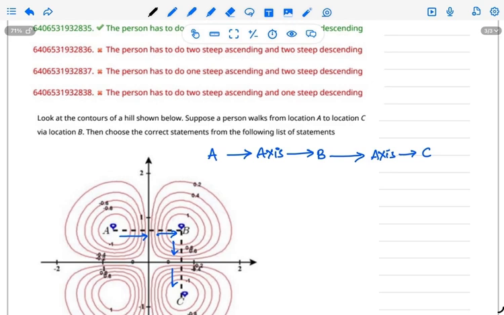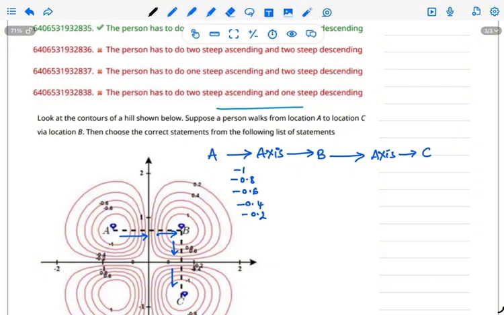So from this diagram, from A to the axis, the values are minus 1, minus 0.8, minus 0.6, minus 0.4, minus 0.2. B to the axis at this point. So first we draw.